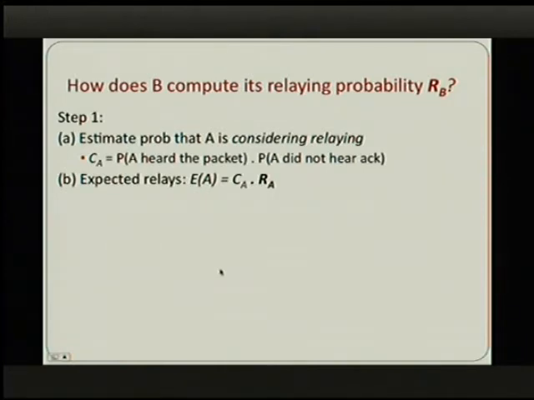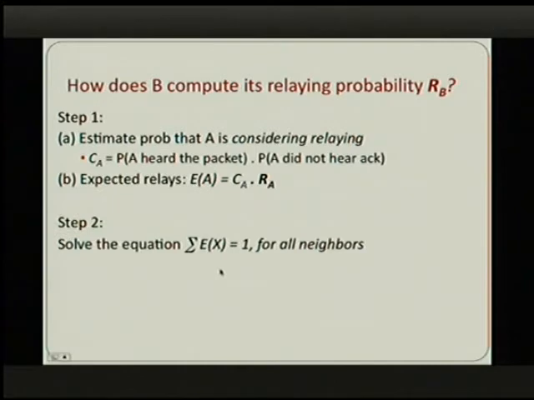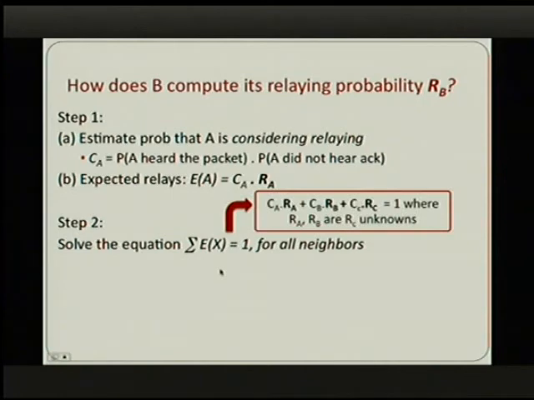So it's CA times RA. Now, B would solve this equation that the expected number of relays across all of its neighbors is equal to 1, because that was our objective. And in this case, where there are 3 nodes A, B, and C as neighbors, this equation is CA times RA plus CB times RB plus CC times RC equal to 1.